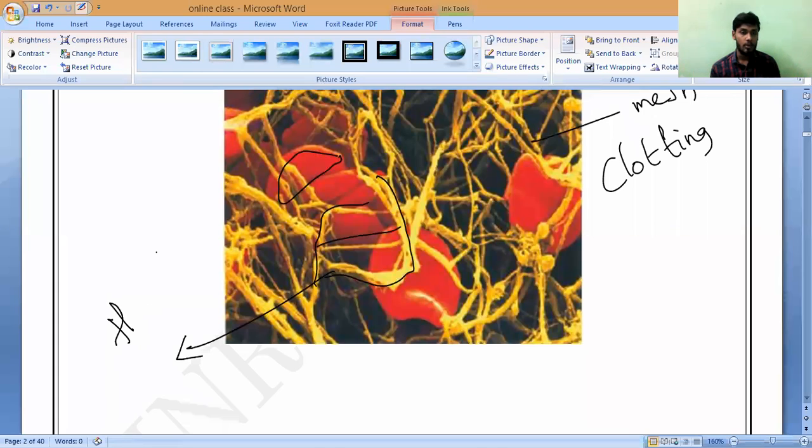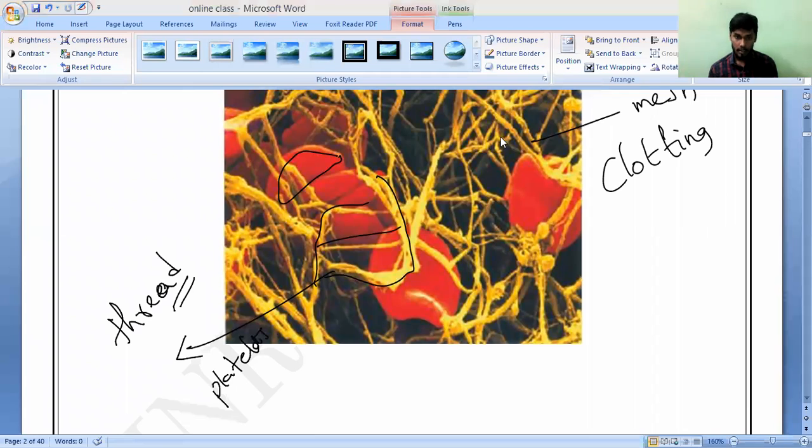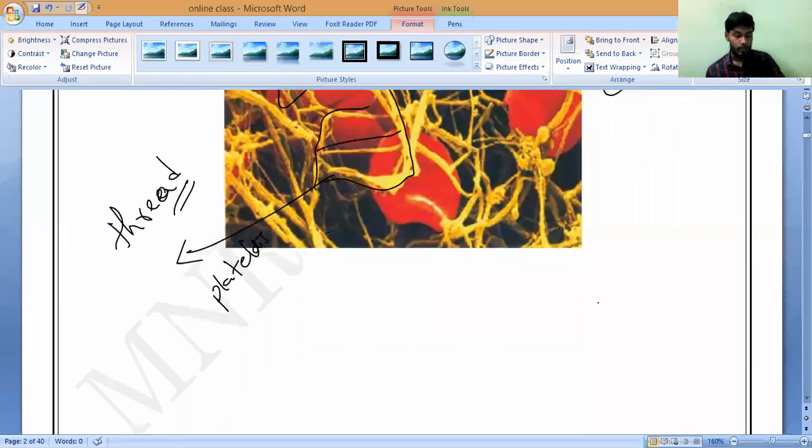These thread-like structures are produced by platelets. These platelets hold all the RBCs so that the blood becomes semi-solid, and the bleeding is stopped. That is what we call coagulation, or clotting of blood. So this is all about the types of blood cells.